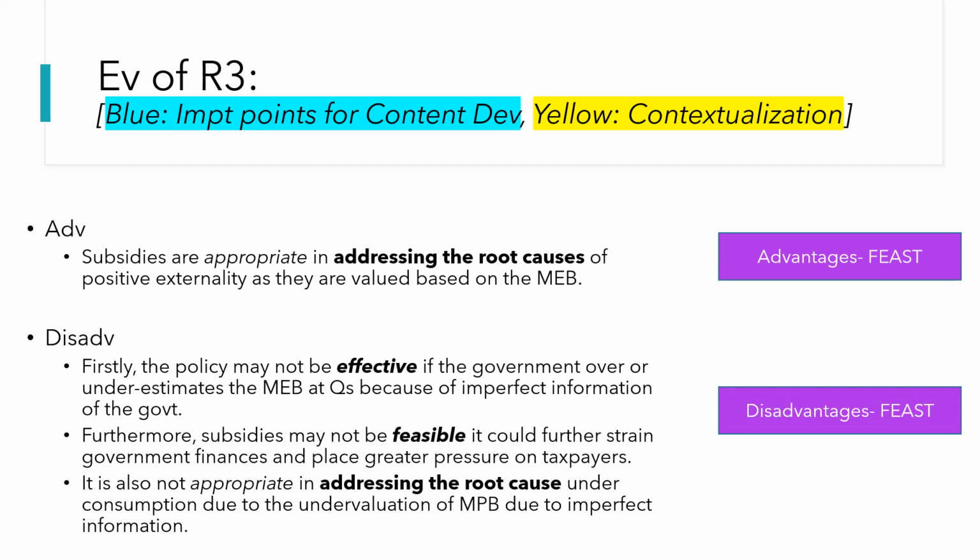There could still be either an over or under consumption due to the inaccurate estimation of our MEB. Subsidies may also not be very feasible due to costing a lot to the government. Lastly, it does not target imperfect information. It mainly targets positive externality, so it does not address this other root cause of our market failure.